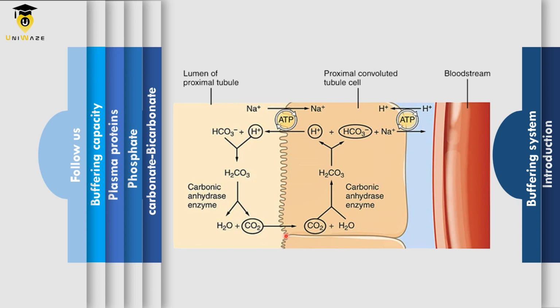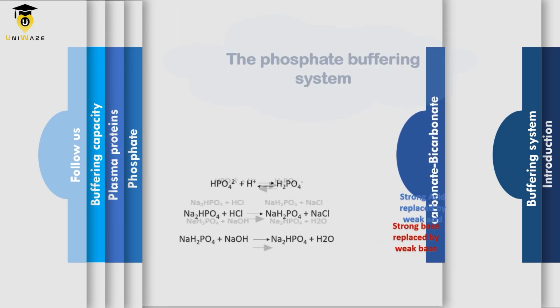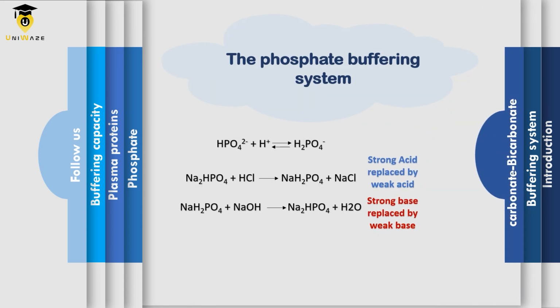A phosphate buffer depends upon two principal components: the weak acid monosodium phosphate and its conjugate base, disodium phosphate. If a strong acid is added to this solution, hydrogen ions will be accepted by the hydrogen phosphate base, forming dihydrogen phosphate.